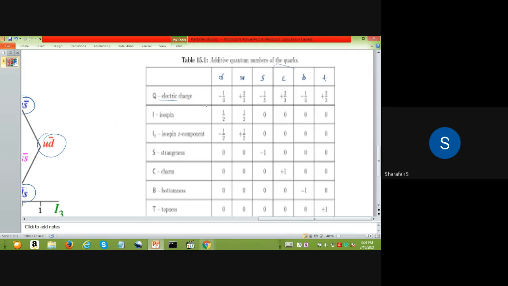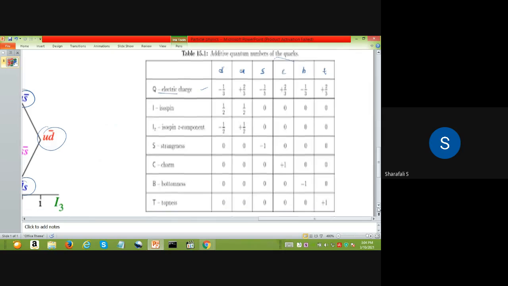We have the electric charge associated with the down quark, up quark, and so on. You can get this from your textbook or other sources, since these charts are available. The charges are minus 1/3, plus 2/3, minus 1/3, plus 2/3, and again minus 1/3. You can compare them and classify accordingly and study these properties.